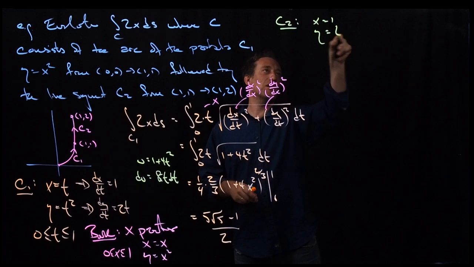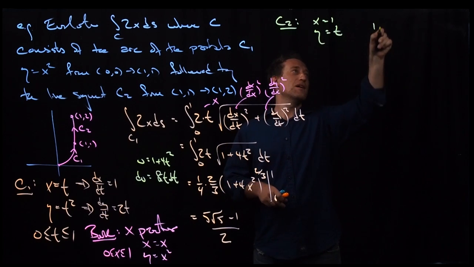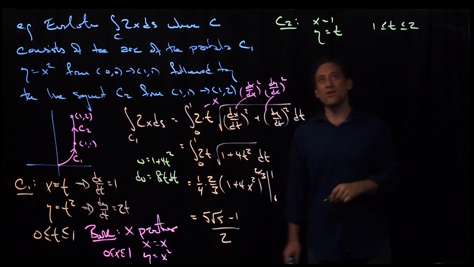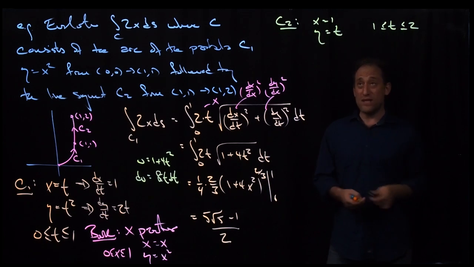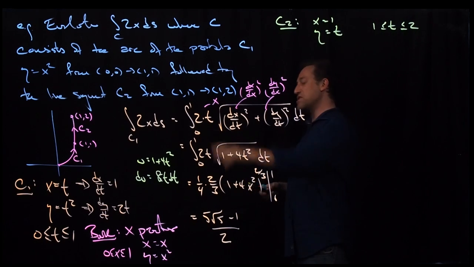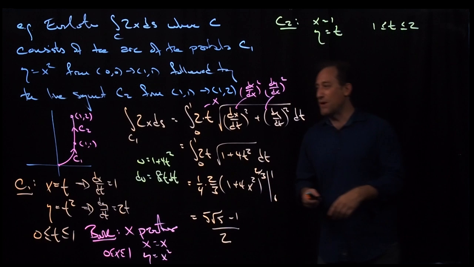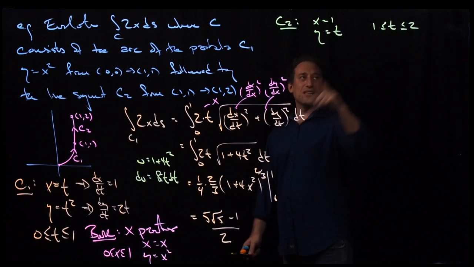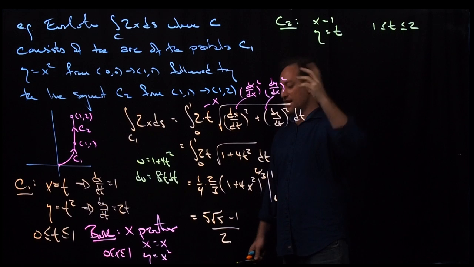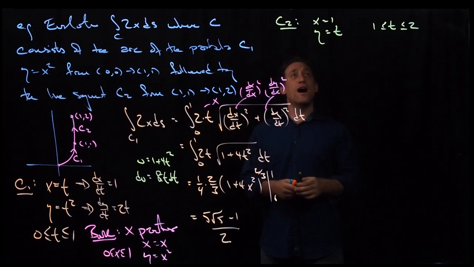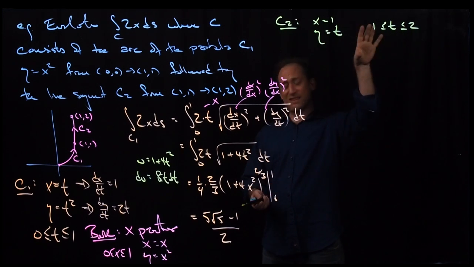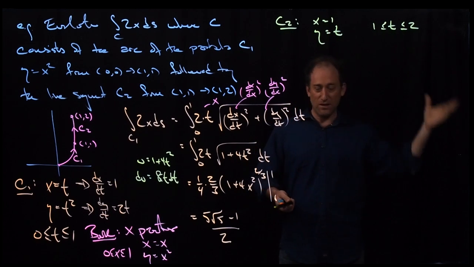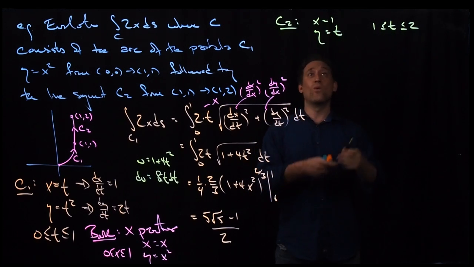So I'll say y is equal to t, and I'll put t between 1 and 2. Like I said, there are a lot of ways to parameterize this. You could use the old-fashioned trick from section 12.5, where you parameterize any line segment between t is 0 and 1 with a nice formula. We'll get to it soon enough. Or you could use, I think, the book. The book, I think, just uses parameter y here. But as usual, I like t when I can.